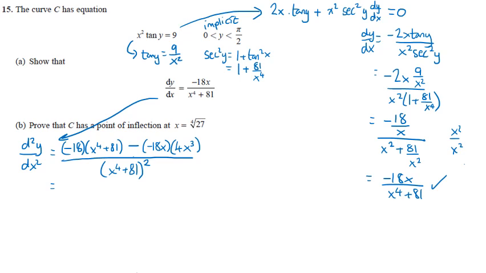Now if we simplify that, we've got minus 18x to the 4, and then we've also got minus minus plus 18x times 4x cubed, which is 72x to the 4. So 72 minus 18 is 54. So we've got 54x to the 4. And then we've got minus 18 times 81, which just using a calculator gives minus 1458. And then the denominator, we'll just leave that squared.